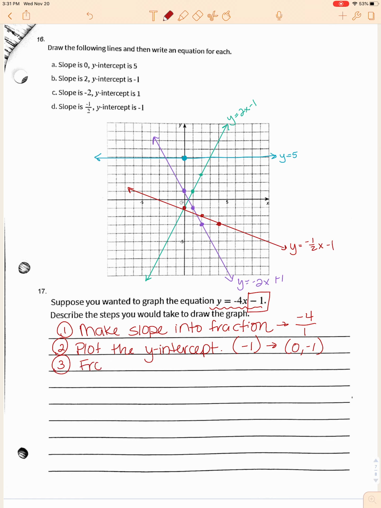Number 3, from the y-intercept, I then graph the slope.